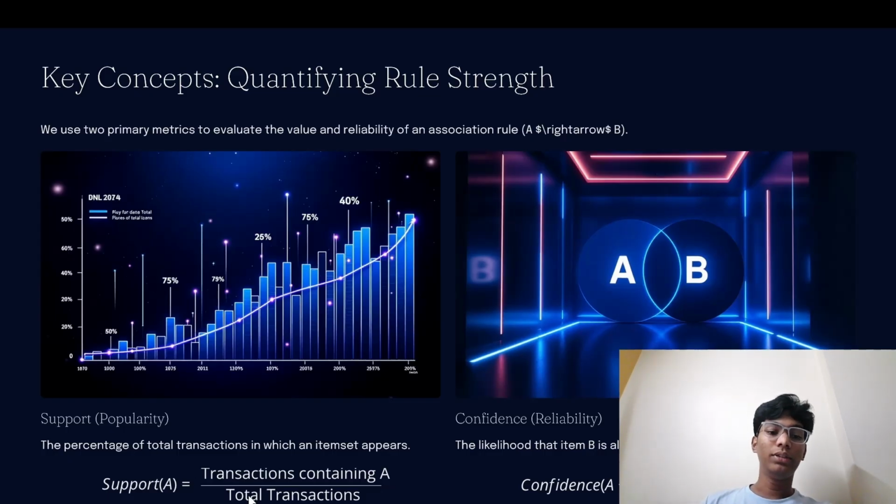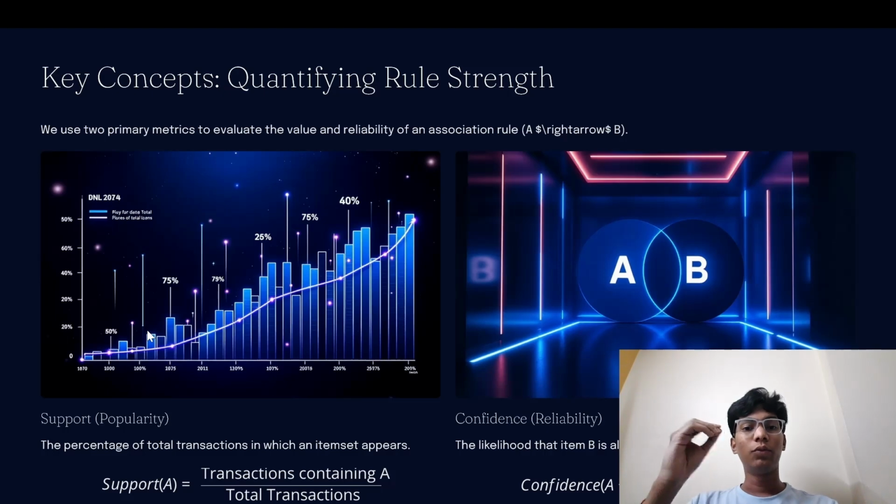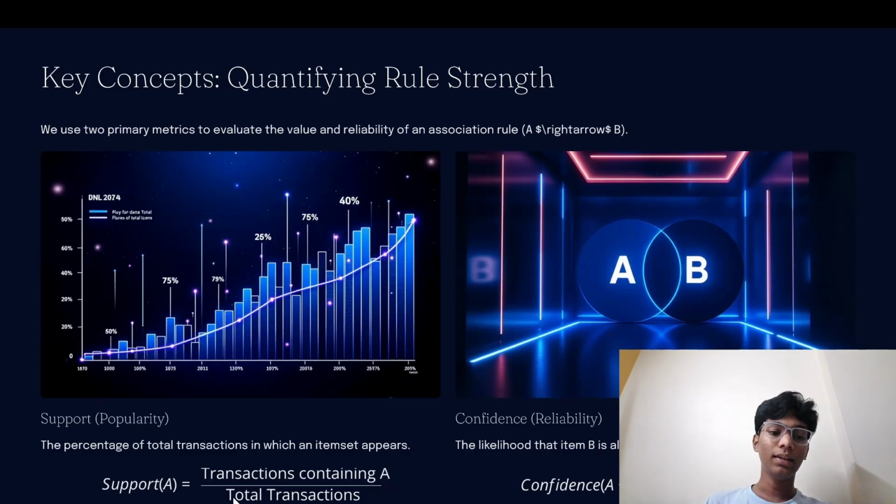So what you're going to do is set a minimum support. We are just going to choose the products which most of the customers are buying. We're going to set a minimum percentage of which the customer has to buy.